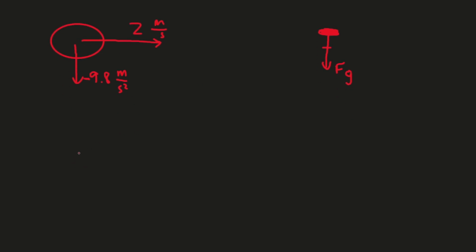So the equation for this, if you remember, is speed equals distance over time. You've probably been taught this before, and the units are meters per second, because the unit for distance is meters and the unit for time is seconds.